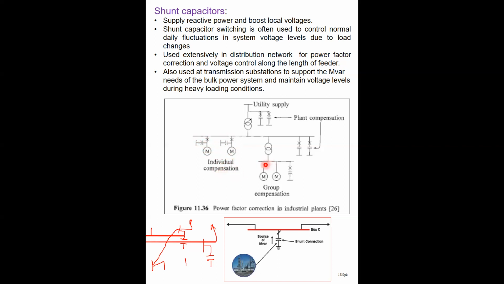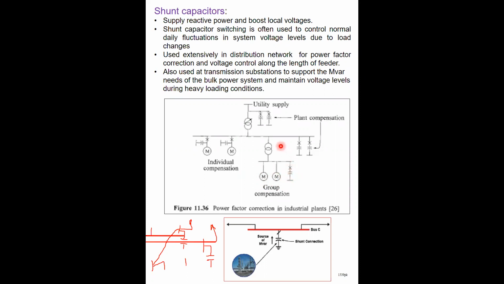You may also have some other small motor loads, several motor loads of small size. For them, it is possible to have a group compensation rather than an individual compensation, because these motors are of small size, so you can have them in a group compensation.